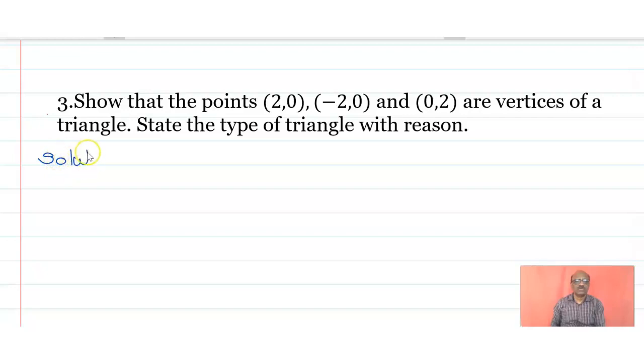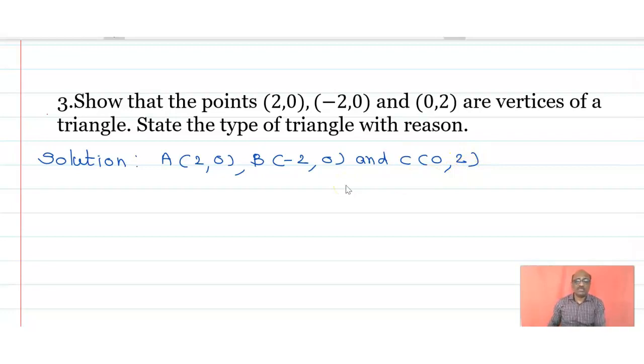Solution. Here we write the coordinates: A is 2, 0, B is minus 2, 0, and C is 0, 2.